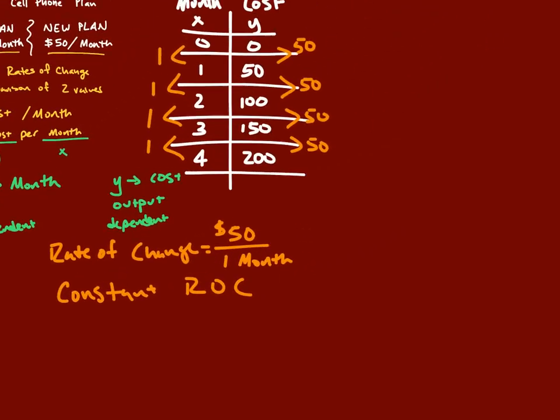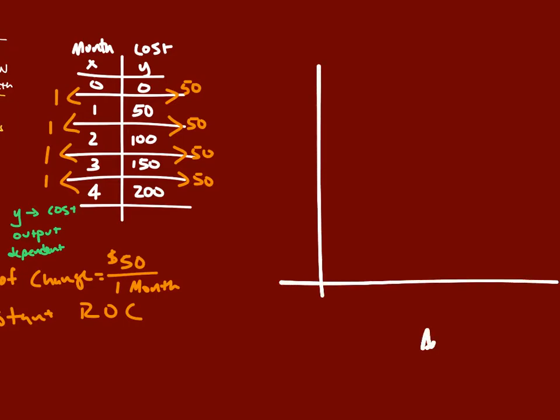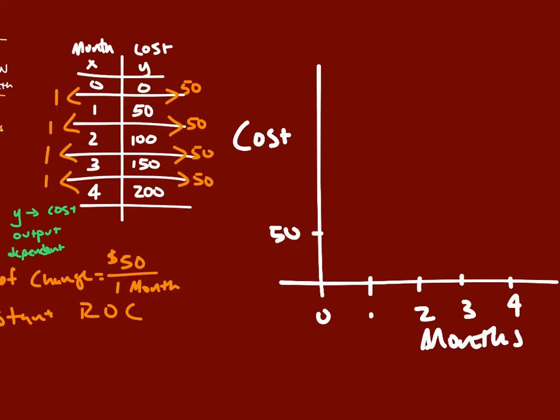If I take these values and plot them on a graph, where this is months and this is cost, the months go up by 1, 2, 3, 4, and my cost goes up by 50, 100, 150, 200. I can then plot these points.